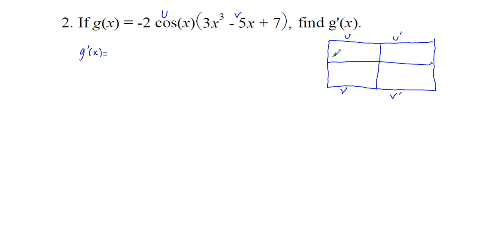So u is going to be negative 2 cosine x, and u prime is going to be, since the derivative of cosine is negative sine, the derivative of negative 2 cosine x is going to be 2 sine x.